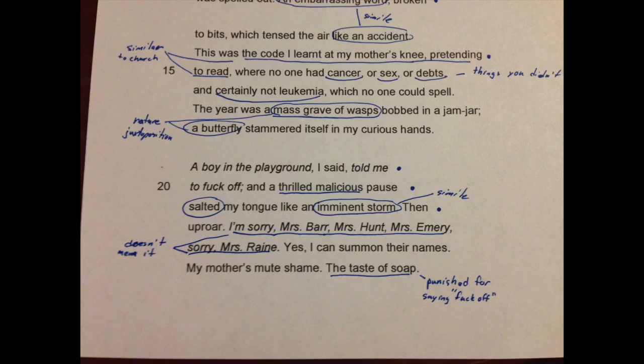Now this last stanza really pulls away from the whole religious theme a little bit more, and it shows more of the consumer, social setting idea. It's showing us that this can't necessarily be in a church, because lines 19 and 20 say, "A boy in the playground, I said, told me to fuck off."